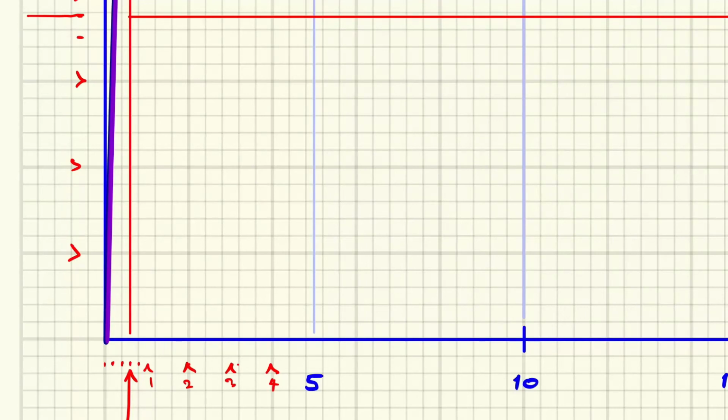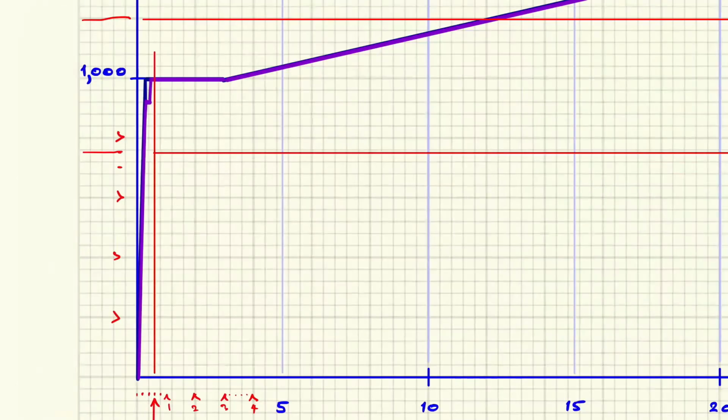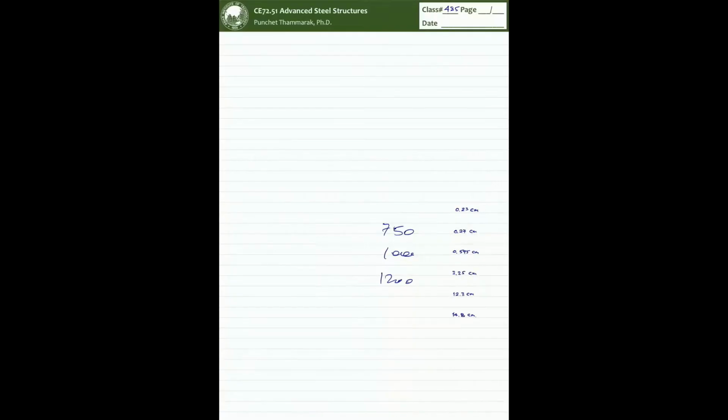This is 3.2. 3.4, 3.6, 3.8. 3.25 will be just a little left of that line. It's just a little to the left of this line. Yep. We get 3.25.